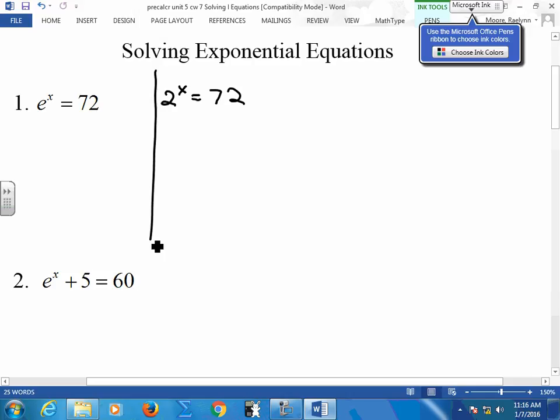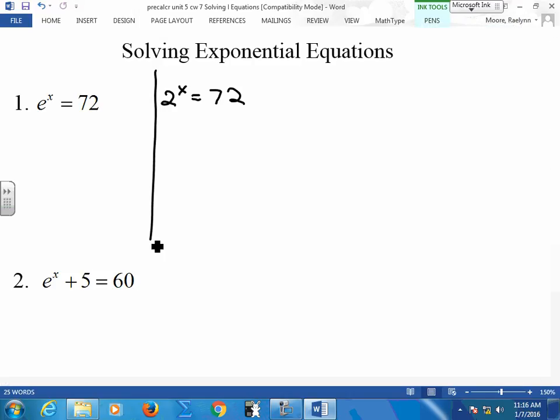Isn't e a base of my exponent? Isn't 2 a base of my exponent? So does it matter which base I use? Could I even use 3?